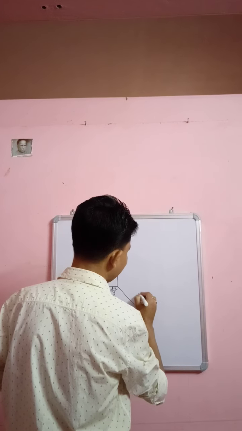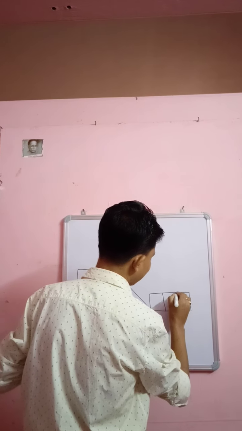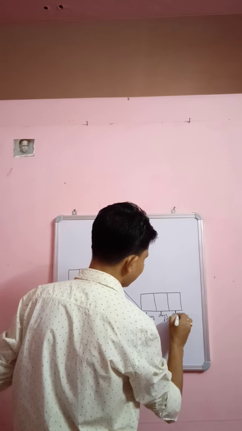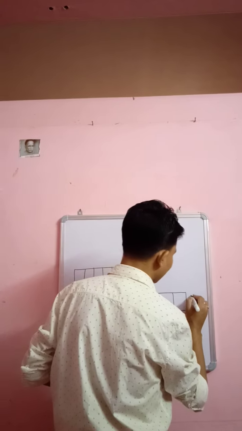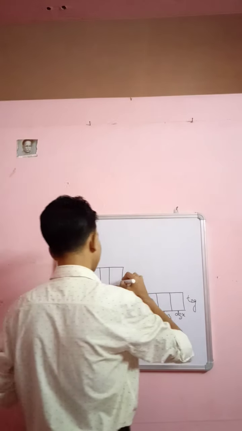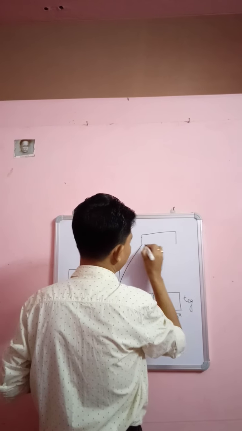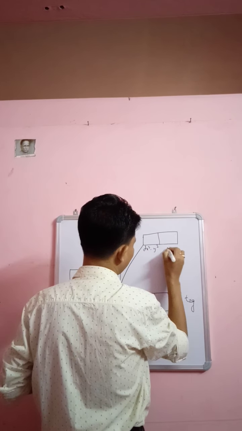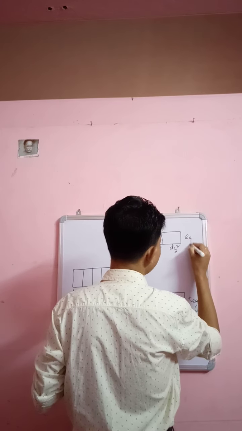One set has 3 orbitals, dxy, dyz, and dzx. This set is called triply degenerate orbitals, also termed the T2g set. The other 2 orbitals, dx square minus y square and dz square, form the doubly degenerate or Eg set of orbitals.